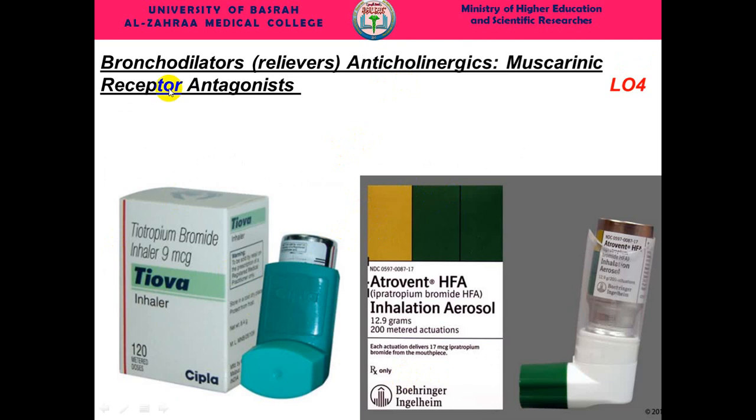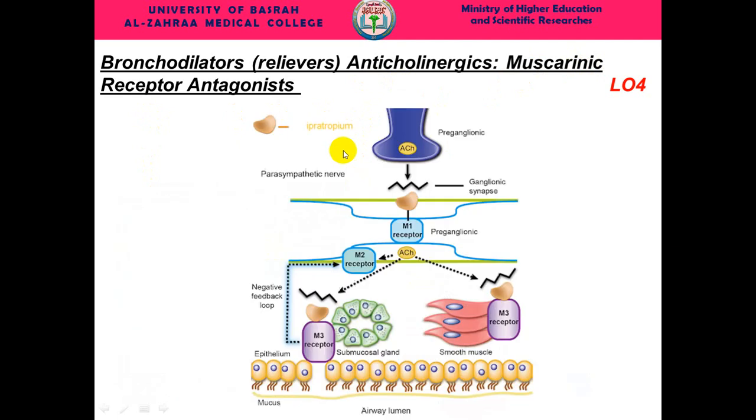The third type of bronchodilators are the anticholinergics or the muscarinic receptor antagonists. And here we have as examples tiotropium and ipratropium bromide. And the mechanism of action is very simple. We said that parasympathetic innervation is present in the wall of the bronchiole, and the parasympathetic system will induce bronchoconstriction.